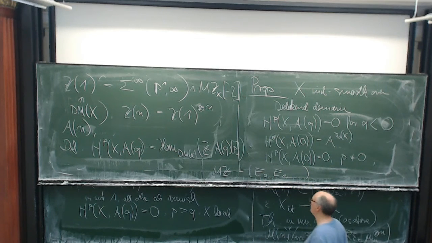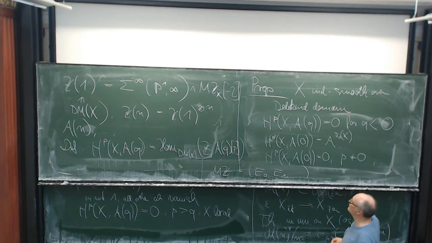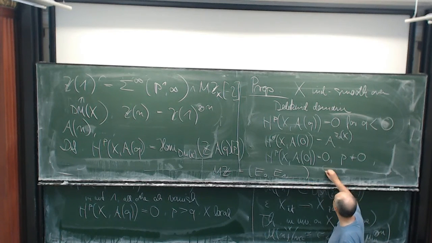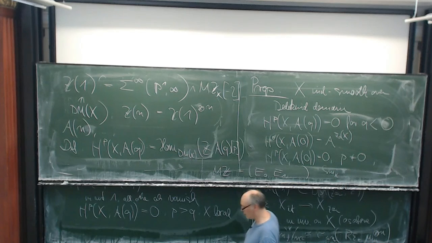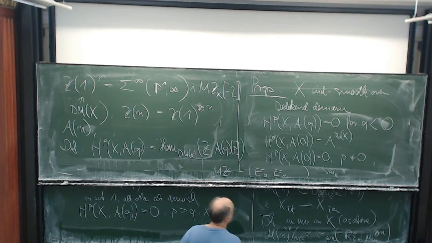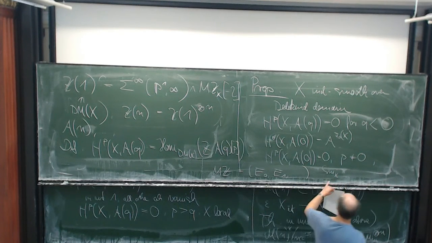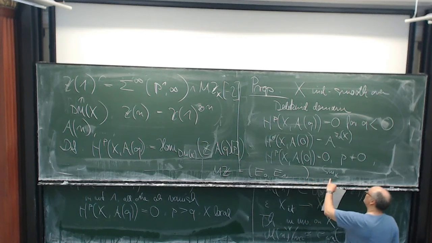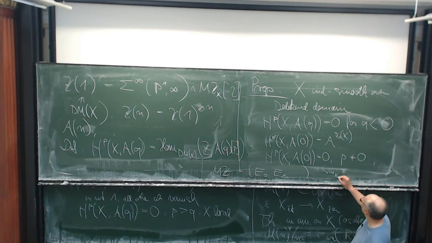These are the levels of the spectrum. And these E's will be complexes of sheaves or presheaves on Sm/X. What you do now, you just take such a complex and restrict it to the small Zariski site. I mean, you also change the topology from the Nisnevich to the Zariski topology, that's not a big deal.